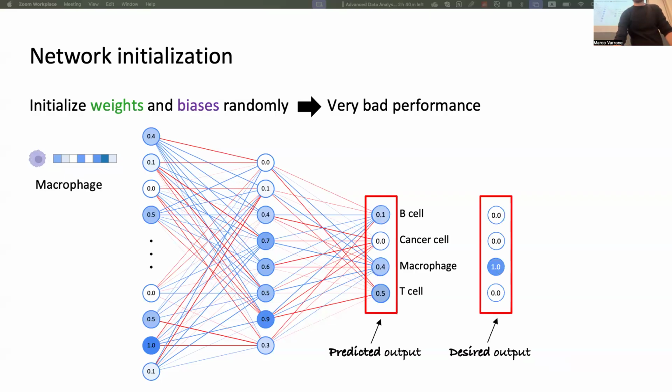Then what the model does during the training is that it compares the predicted output with the desired output. In this case, since this is a macrophage, you want to have 1.0 for the neuron corresponding to macrophages and zeros in all the rest. So you compare what is predicted, that for now is garbage, with what you want to get.